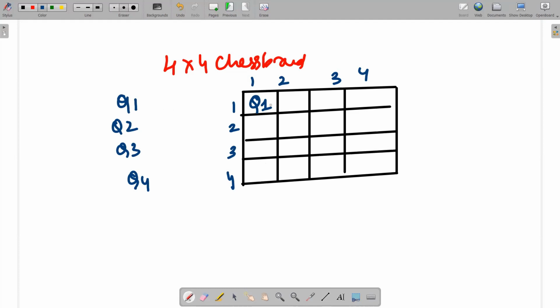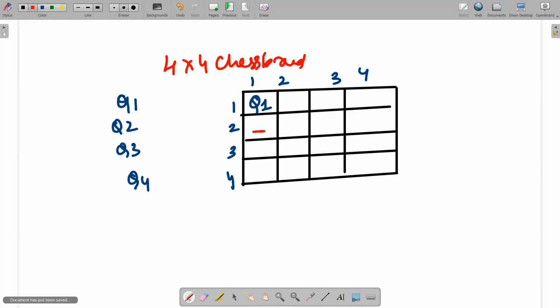So I have put Q1 over here. In this particular case, queen 1 is placed on row number 1. Where can we place queen 2? Queen 2 has to be put in the second row, but where? Let's try to put Q2 over here.